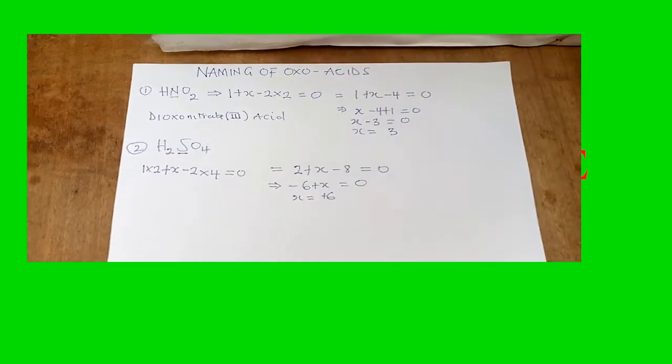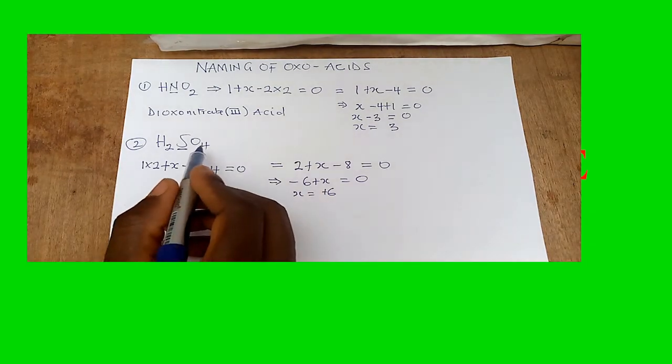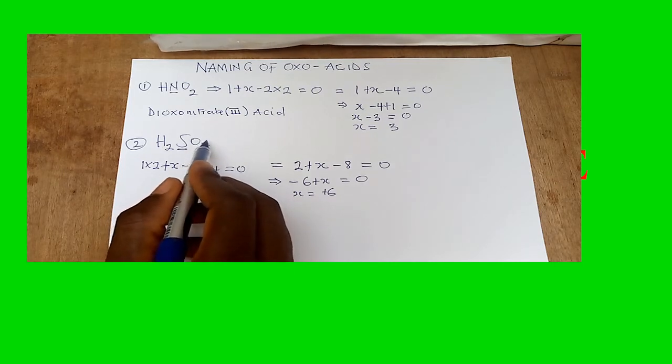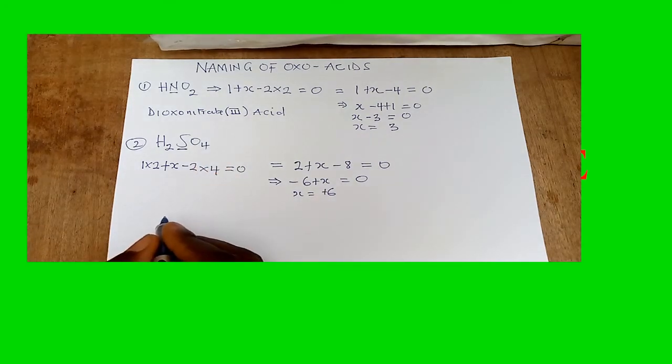So how do we name it, or how do we give its name? By giving the name, we consider the number of oxygen atoms here. The oxygen atoms here are 4, so the name starts with tetraoxo.